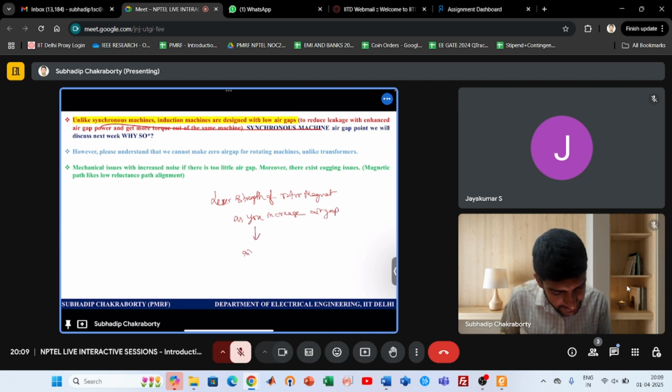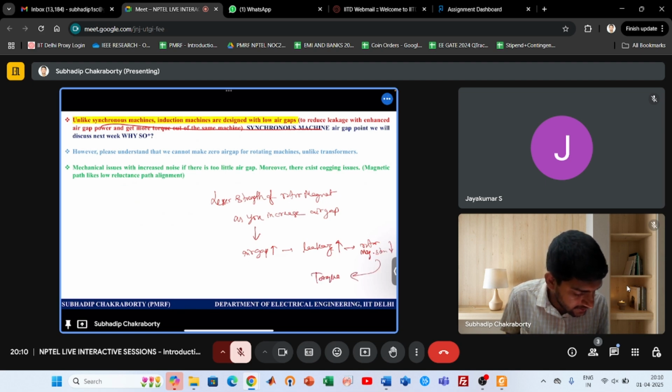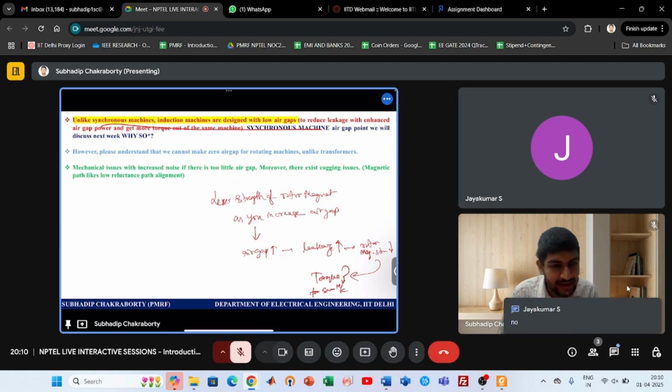So what happens? Air gap increases, leakage increases, rotor magnet strength reduces, torque reduces for the same machine. Do you want that? Do you want that for the same machine you are losing flux? No. So that's why you don't.